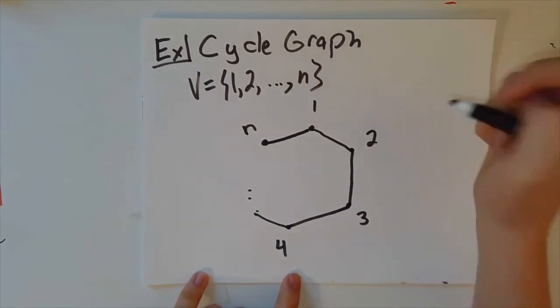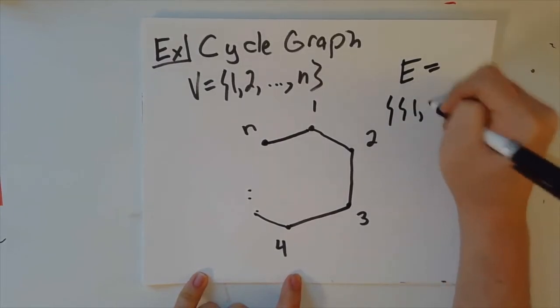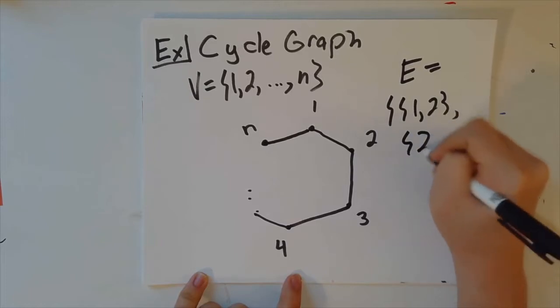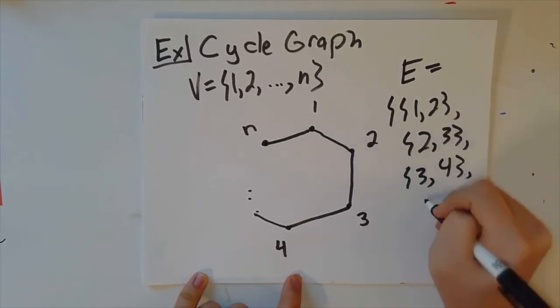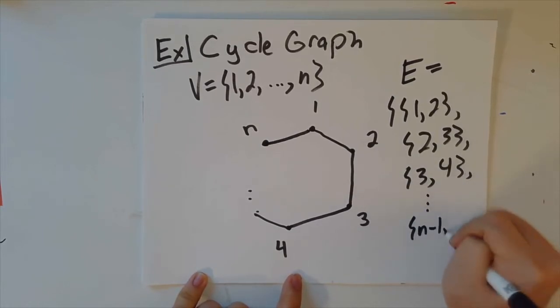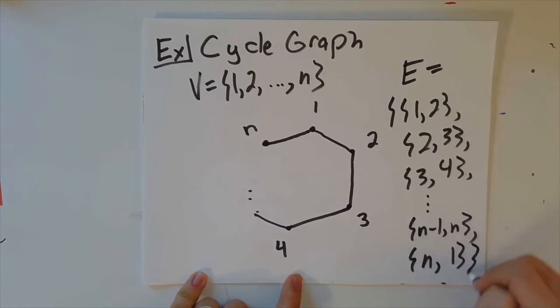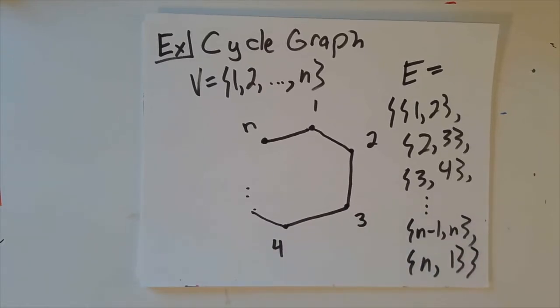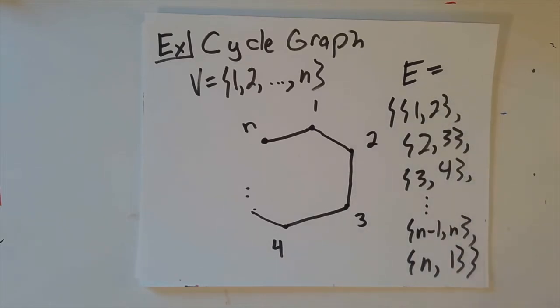So my edge set here I can give explicitly as the set {1,2}, {2,3}, {3,4}, up to {n minus 1, n}, and then lastly, for good measure, we'll throw in {n,1}. Okay, so there is our cycle graph.